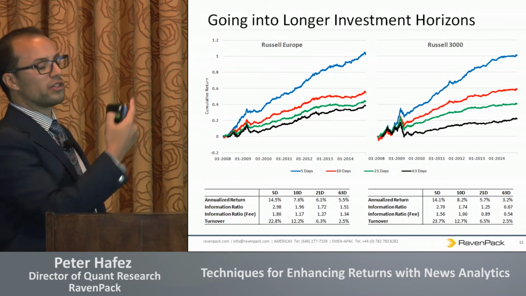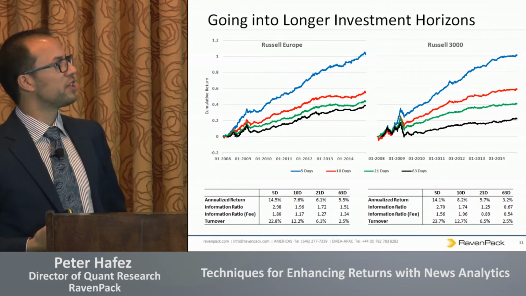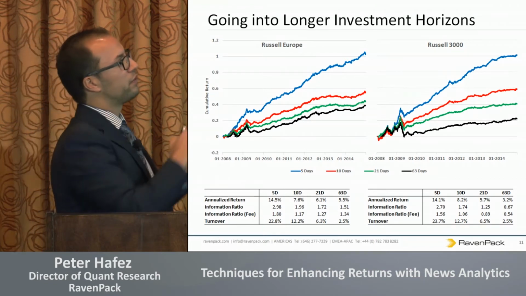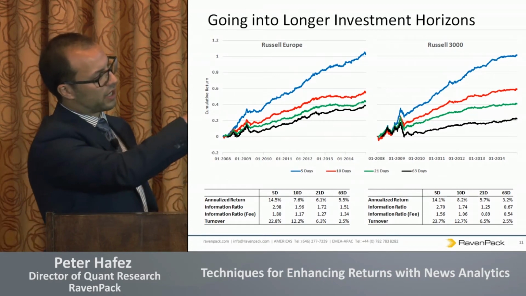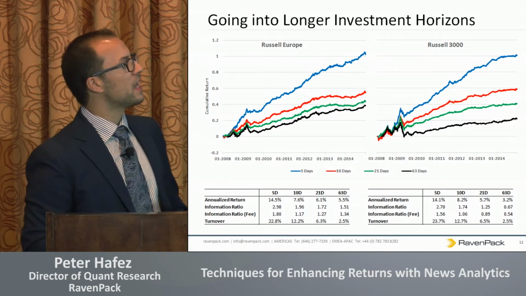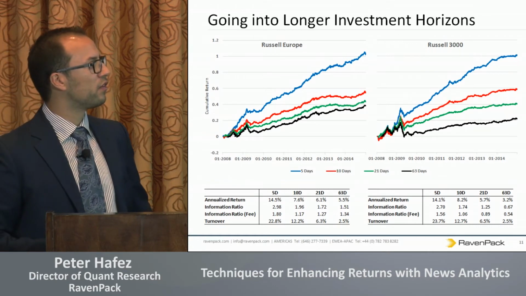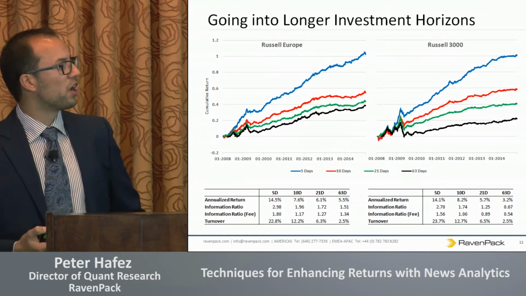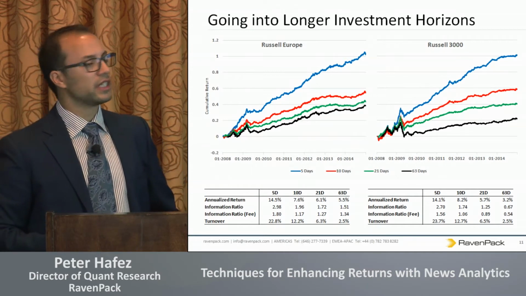But of course, you also get a slightly reduced information ratio. Still, for Europe, you're able to achieve information ratios above 1. In fact, you get about 1.3 for the monthly investment horizon. While for the US, you get below an information ratio of 1 as you go beyond a couple of weeks investment horizon. But you still stay positive even 3 months out.